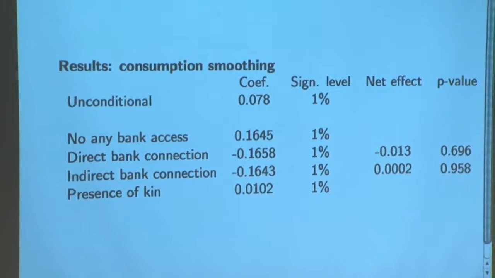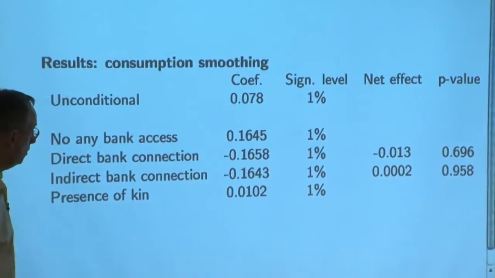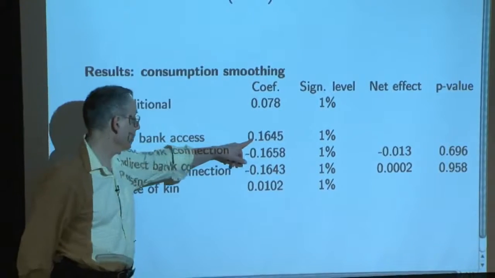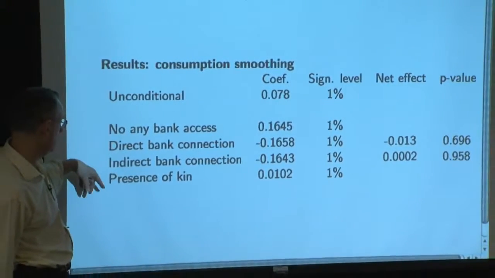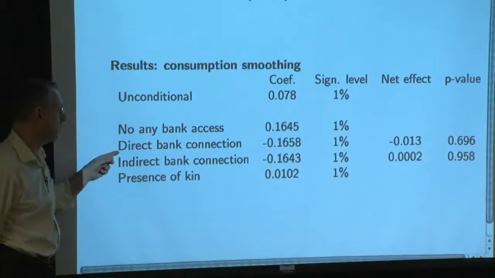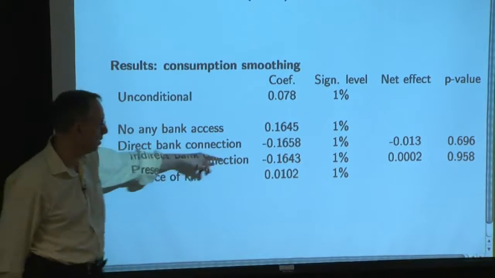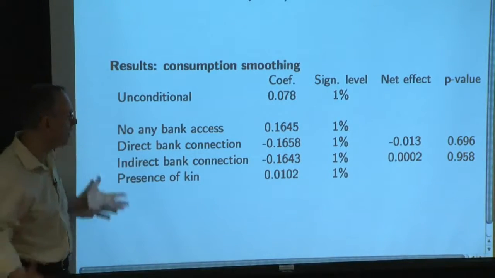So, you know, this is the coefficient for those people without any access, direct or indirect. This is how much you'd subtract if you looked at direct bank. Yes, these are very similar numbers. I always get accused of biasing this stuff.